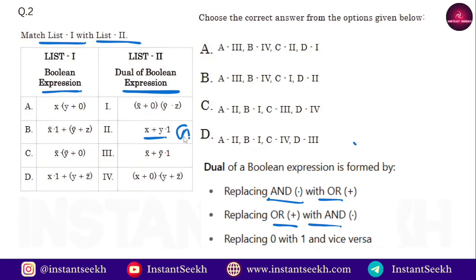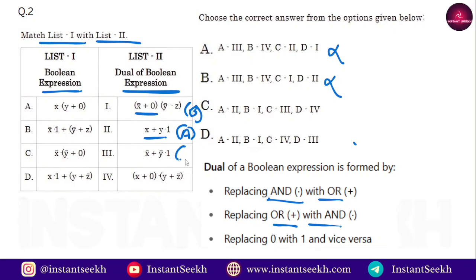So A goes to 2. Let's start with the elimination trick: A goes for second, meaning the first option gets eliminated straight away. Next, x bar dot 1 becomes x bar plus 0. Check for the option x bar plus 0. Here it is, the first one. So B goes for first. Let's check C: x bar dot y bar plus 0 will become x bar plus y bar dot 1.